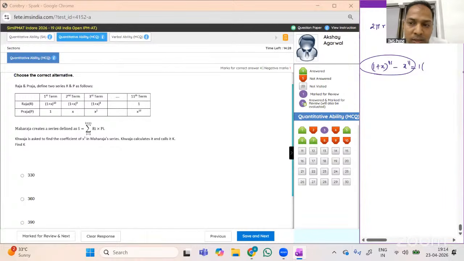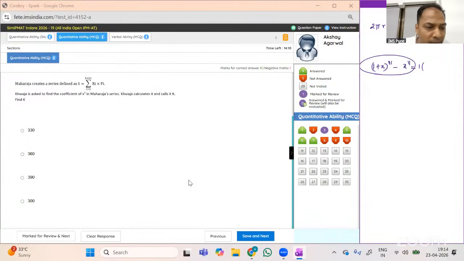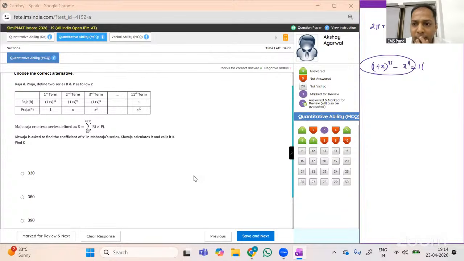So this is what this series is. And in this, he is calculating the coefficient of, okay, I'm so sorry, x raised to the power 7 and calls it k. Find the value of k.